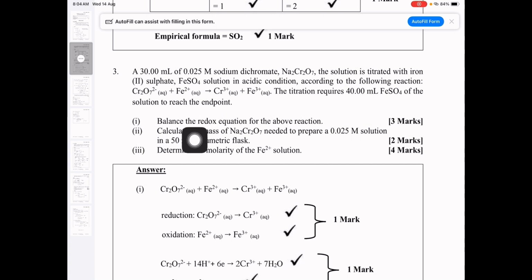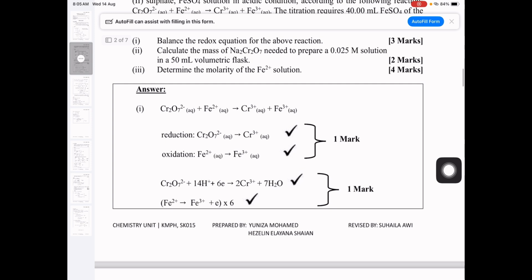Question number 1, balance the redox equation for the above reaction. Number 2, calculate the mass of sodium dichromate needed to prepare 0.025 molar solution in 50 ml volumetric flask. And number 3, determine the molarity of Fe2+ solution.